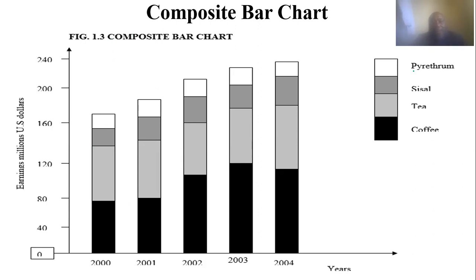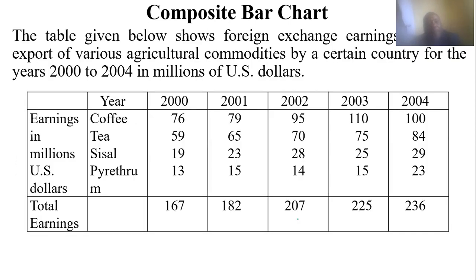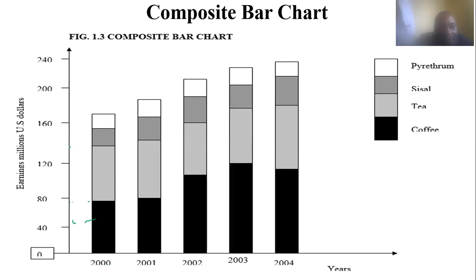For example, we see pyrethrum, sisal, tea, and coffee, all being represented. This one is for coffee, and for coffee, from our data, is 76. You see it somewhere there. For the one that follows, you add on from 76 what you have for tea. 76 plus 59, you'll get a value closer to this one here. And then you divide this component so that you have your data in this manner.